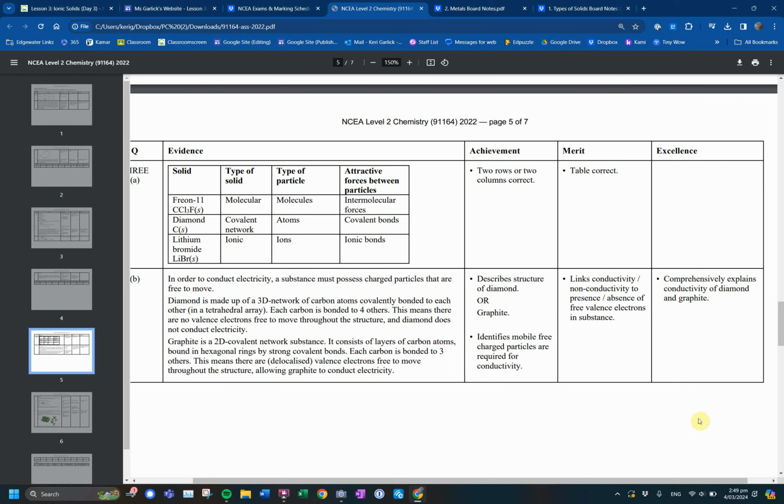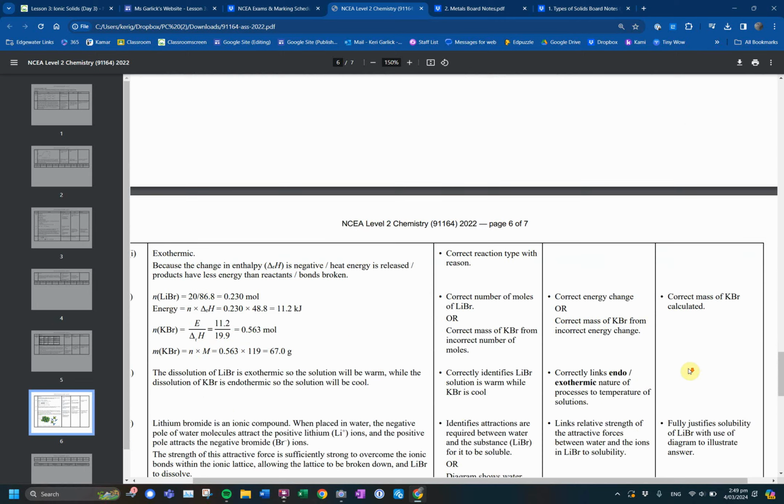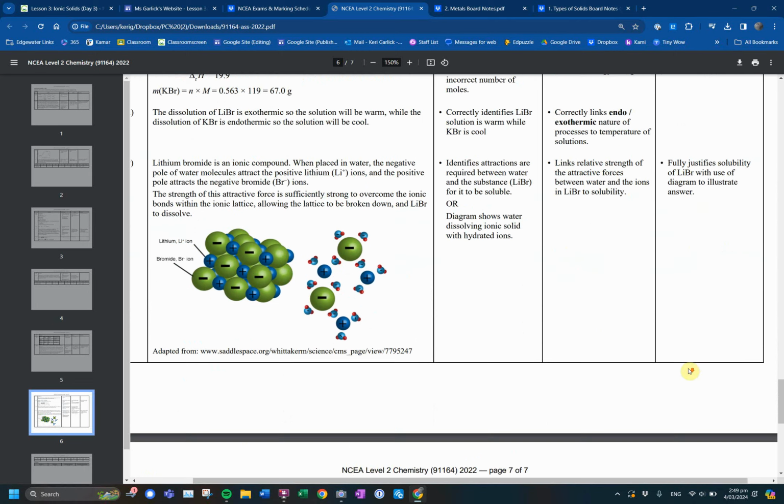Excellence is that comprehensive explanation. A lot of what excellence is getting both. The other thing that they often look for in excellence is that compare and contrast.